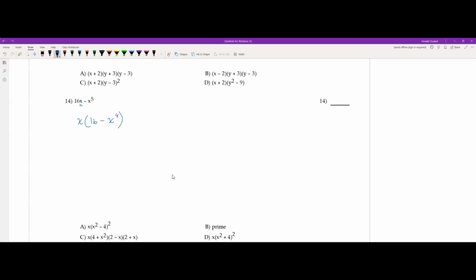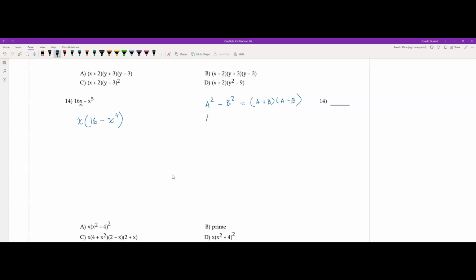Okay. Now, do we have the difference of 2 squares? Well, even though my polynomial here doesn't look like a squared minus b squared, that's not the only one that's going to factor as a plus b times a minus b.